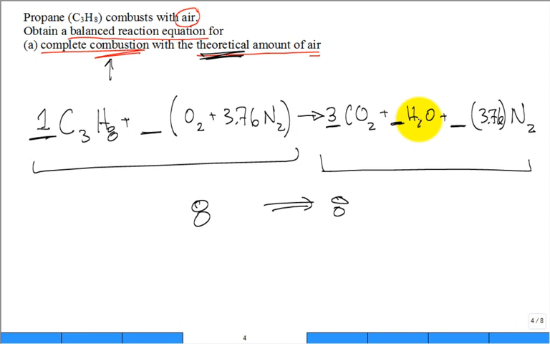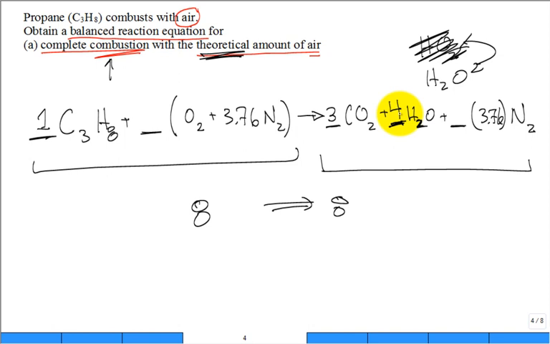Where's the only place that I see the hydrogen? Is water HO2 or H2O? There's a big difference between these two, isn't there? So what's the coefficient in front of the H2O? You are good. It's 4.